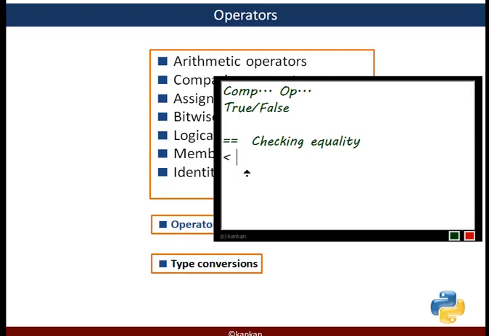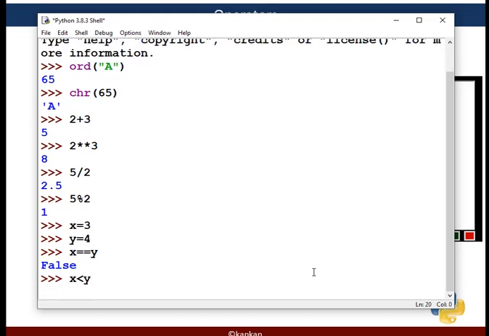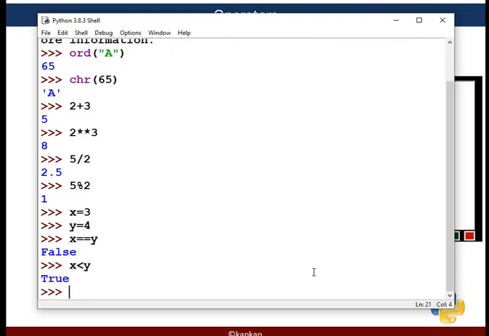It returns true if the left hand side operand is less than the right hand side operand. Now check it: x less than y. This is true, 3 is less than 4. Correct.